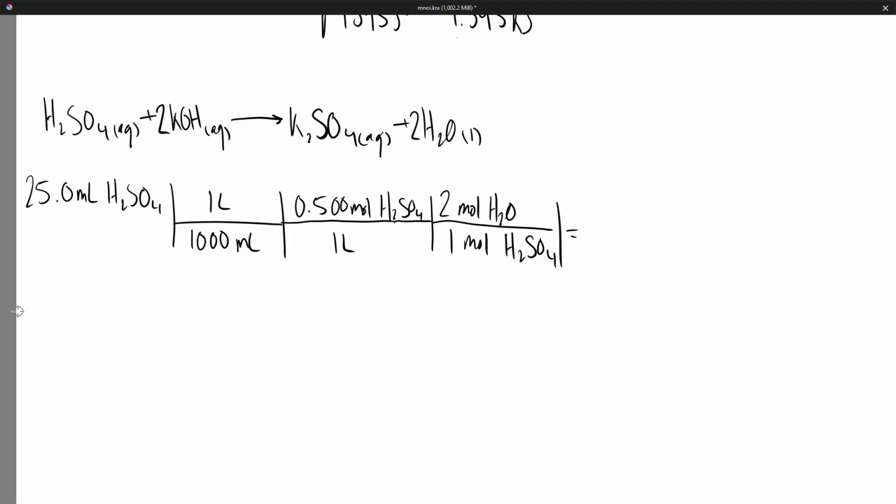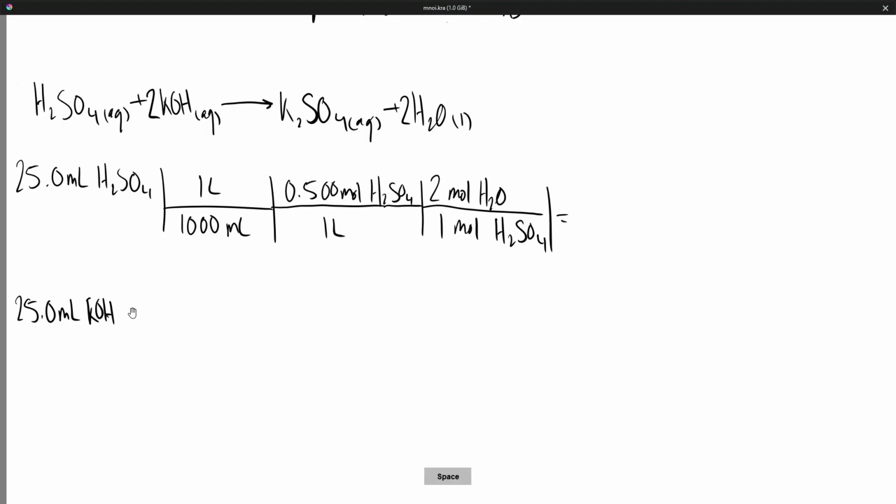Now let's do the same for the other one, because we want to find out which of these volumes gives us the least amount, since that would technically be our theoretical yield. So that's what we'll use. Same volume of potassium hydroxide, KOH. It's basically the same deal as we did for the sulfuric acid.